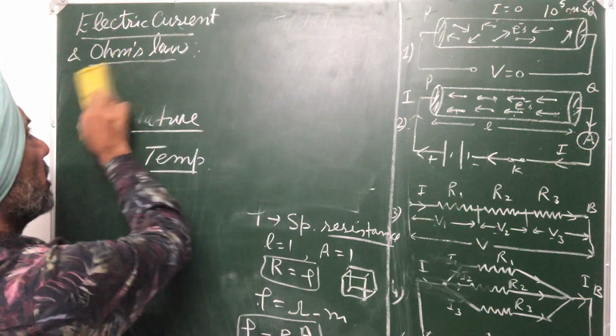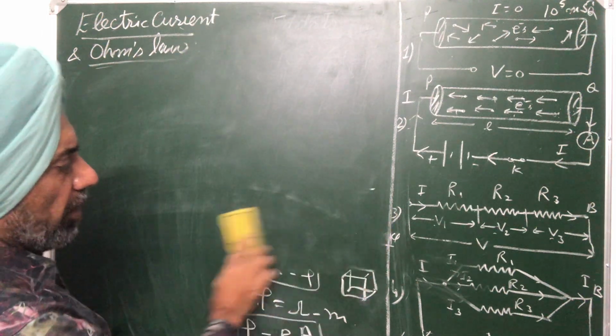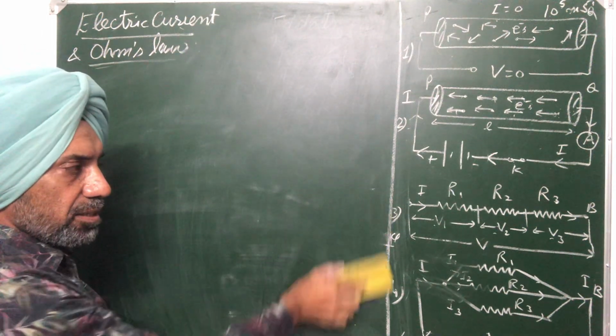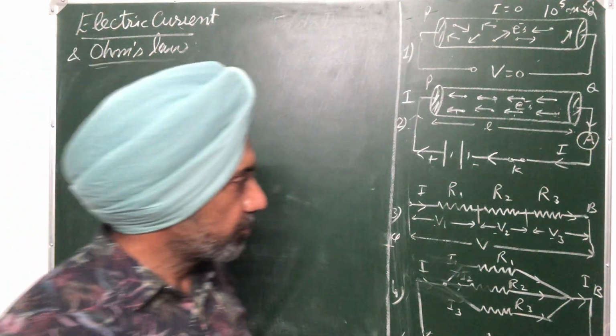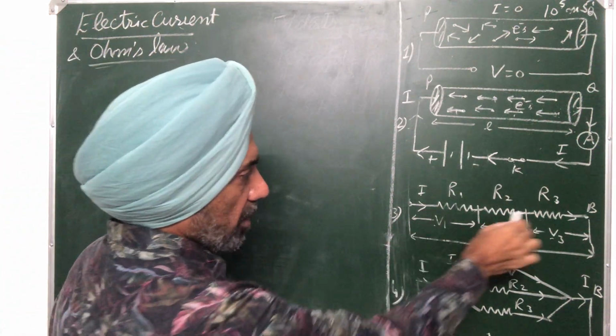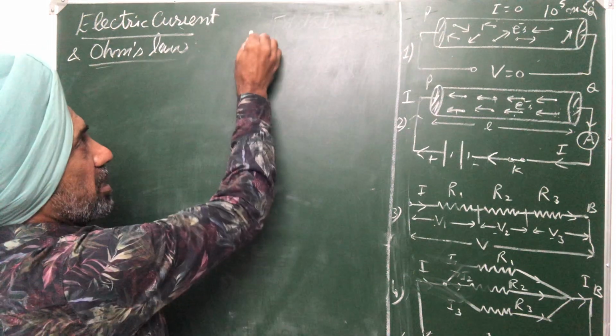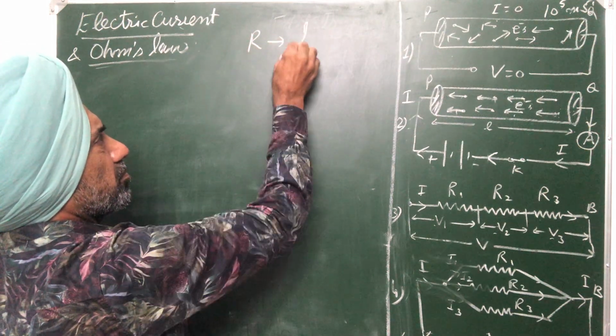Then what happens when a number of resistances are connected in series or in parallel? Now in this third diagram, resistances in series.